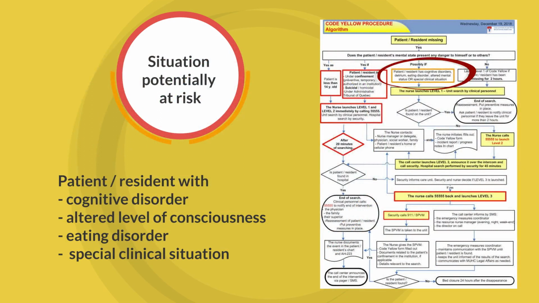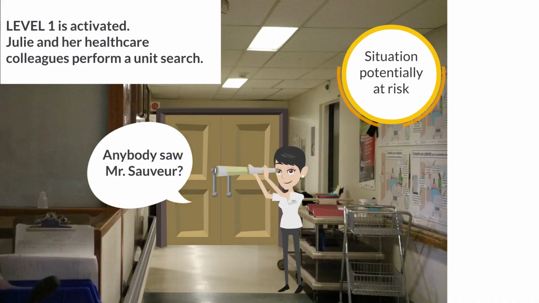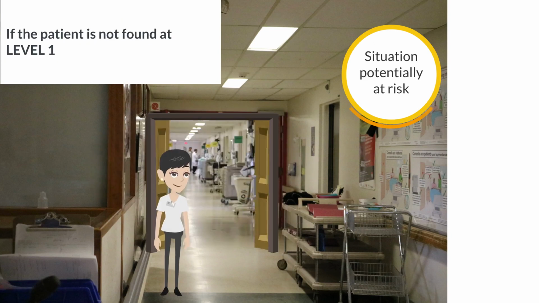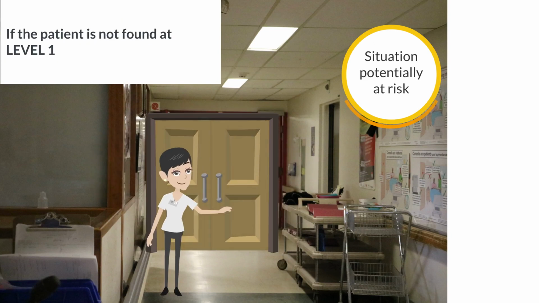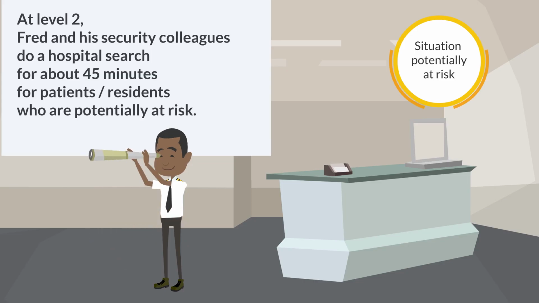Now, let's take a closer look at the situation of a potentially risky patient. For this type of patient, as soon as you notice that he or she is missing on a care unit, you enable level 1 with a search on the unit. And if the patient is not found after the search of the unit, you inform the call center at 55555, which will make the announcement on the intercom, and they will inform the security service.